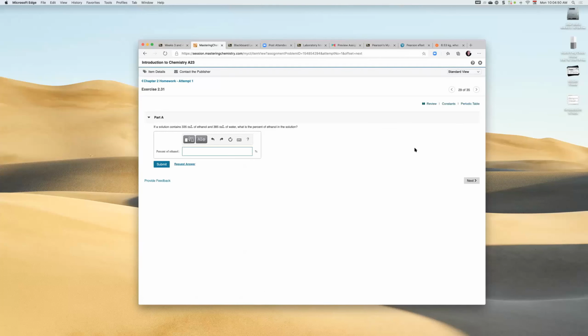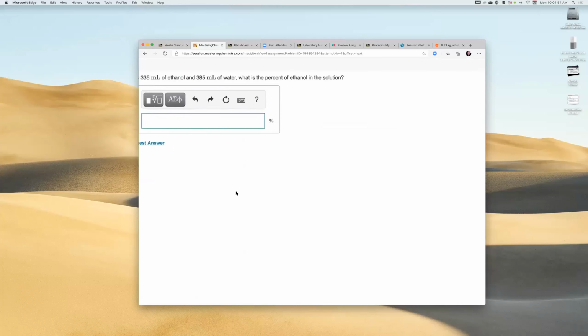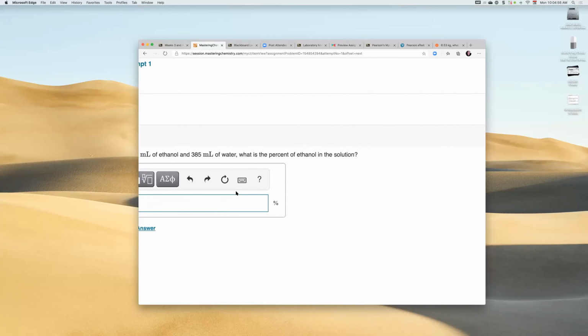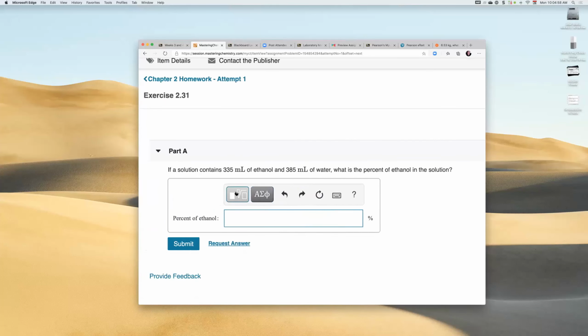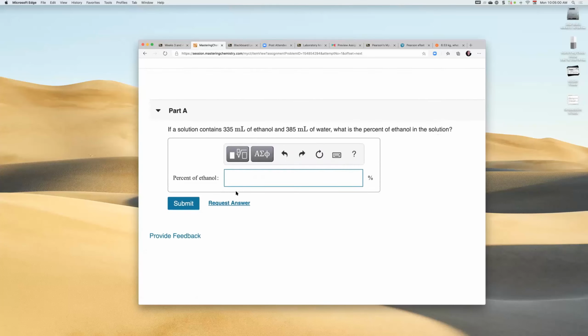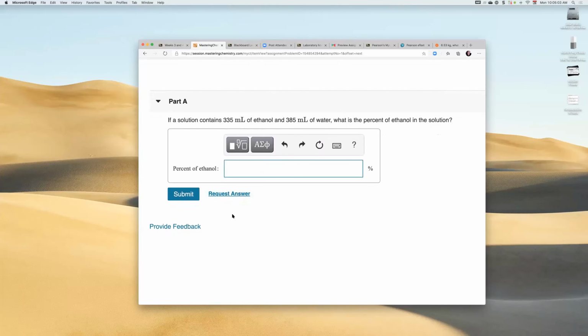Okay, so here we have one that we probably should try. And I think this probably will be the last problem that we solve together today. So we go back to percent as a formula. I'm writing it down on my piece of paper before I show it to you.